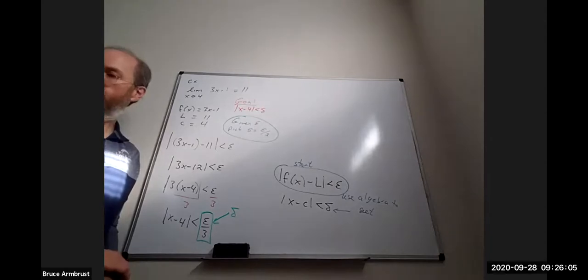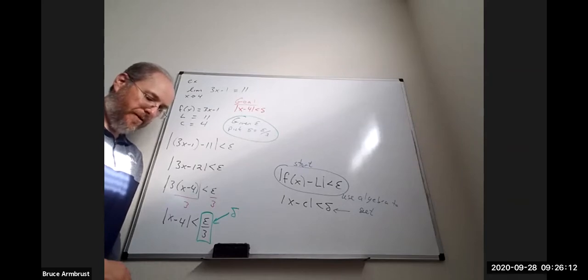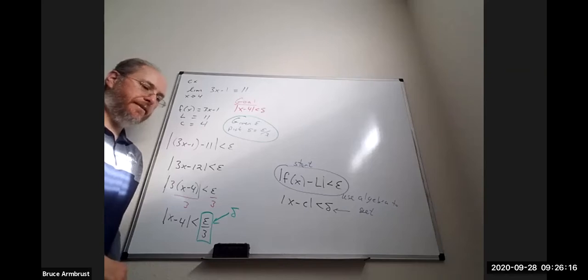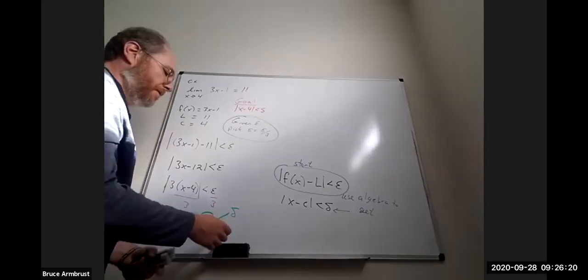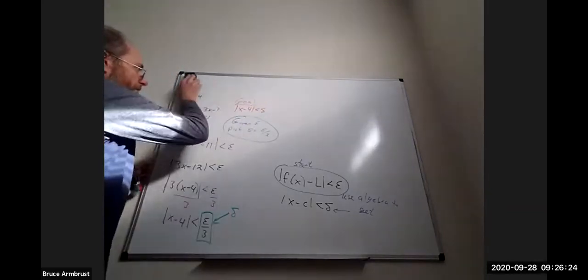All right, let me try one more here. Let's do another one. And let's try making it the absolute value of x. We'll look at the limit as x goes to 0 of the absolute value of x.